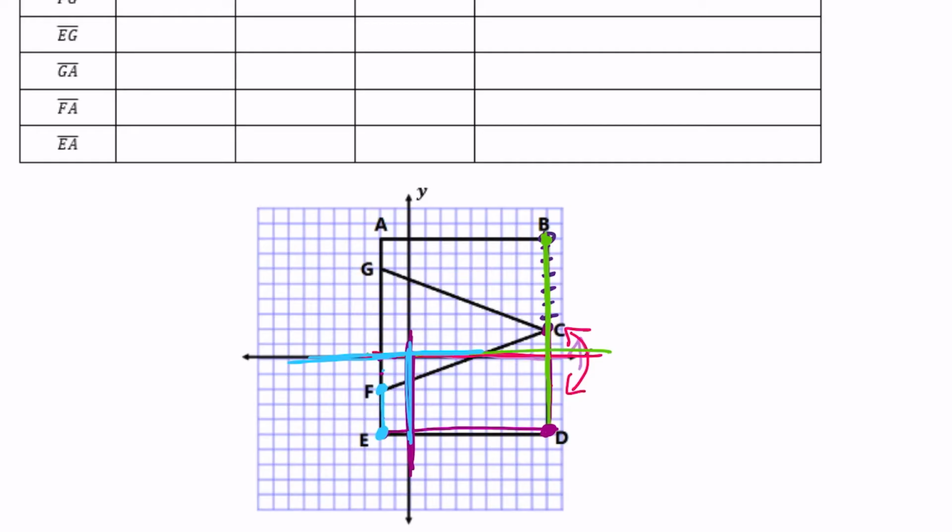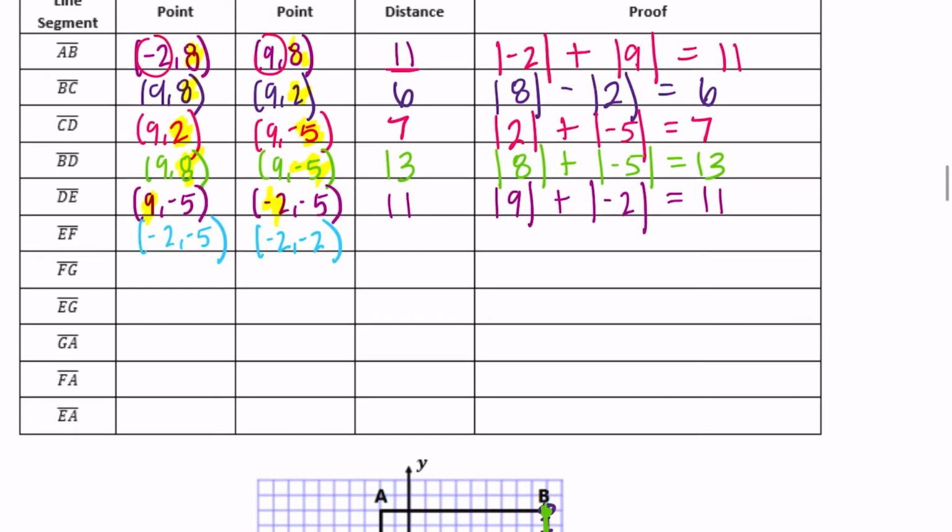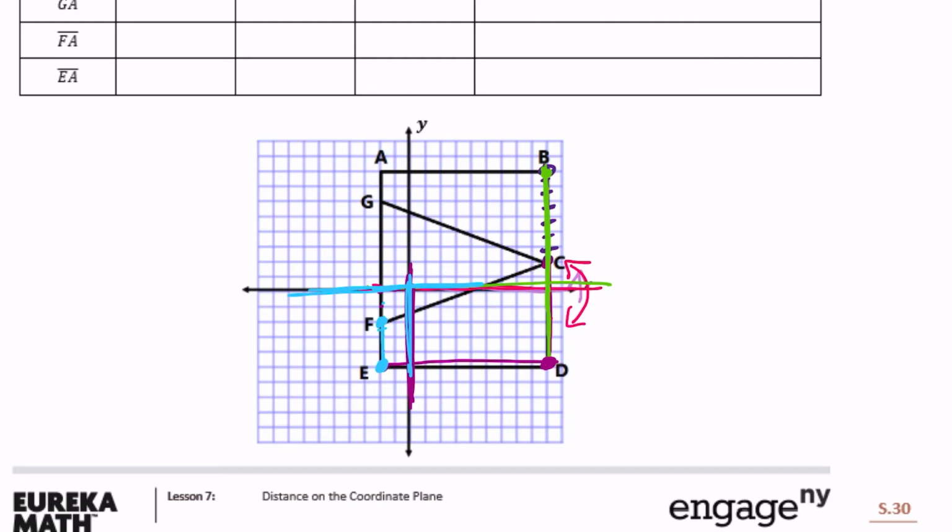They lie on the same side of 0. So we're going to be subtracting the coordinates that are different. So they have different y coordinates. So let's find the absolute value of negative 5 minus the absolute value of negative 2. 5 minus 2 is 3. So the distance is 3, which we can also see. 1, 2, 3. There's the distance.